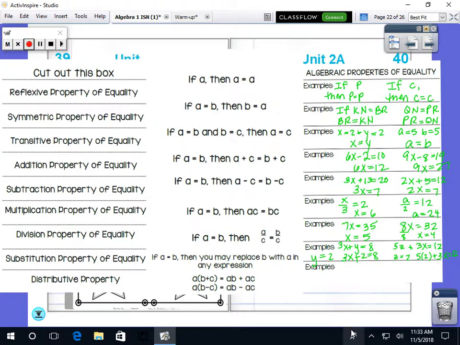So glue those down in the last one. And now we're going to practice some of these in your packet. So once you get finished gluing, turn in your packet to page 5. Okay, turn in your packet to page 5.